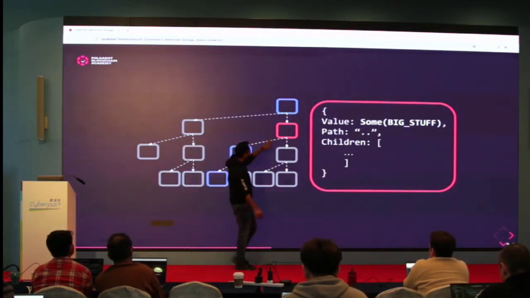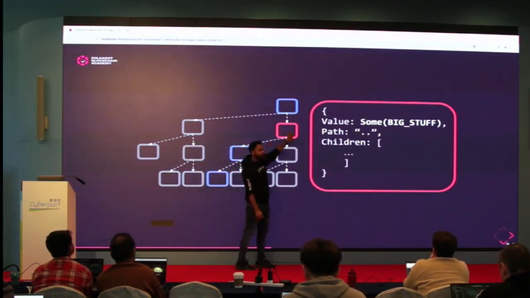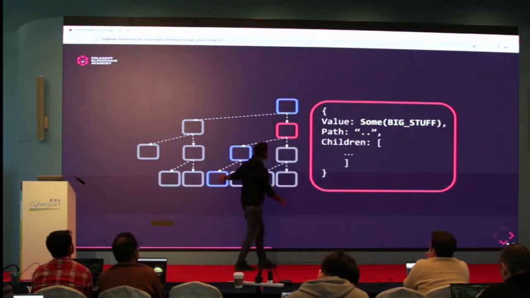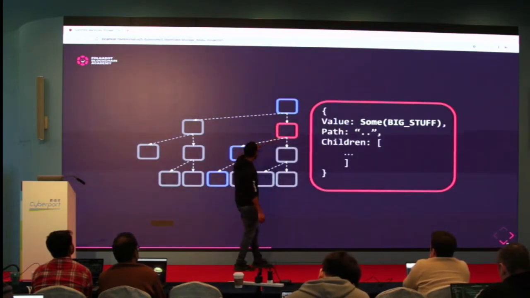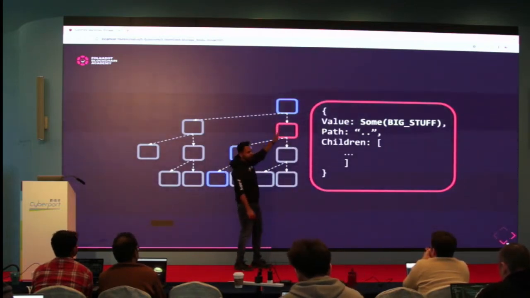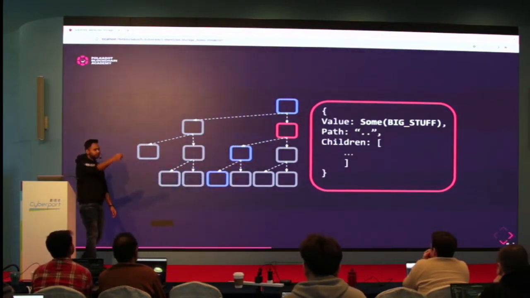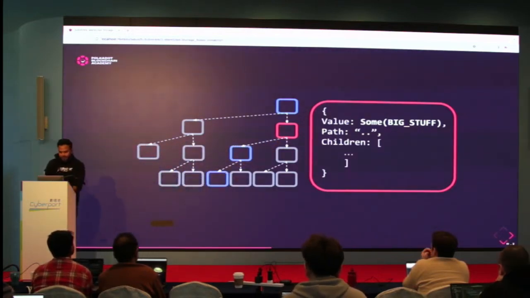But imagine one of the nodes has an extremely large value. Then when you give the proof for this, you actually transfer over the wire the value of this, which could be really big. And that was the question I think one guy asked.